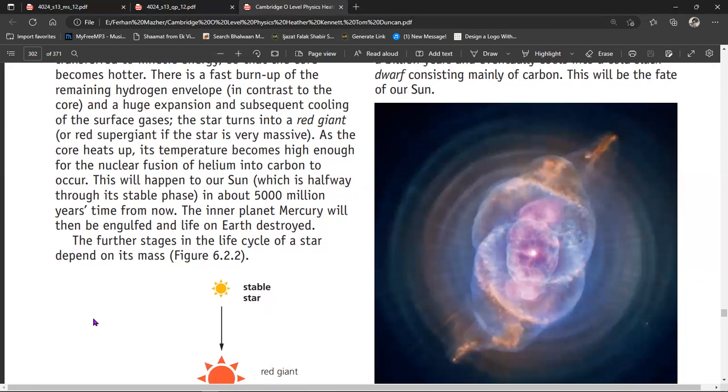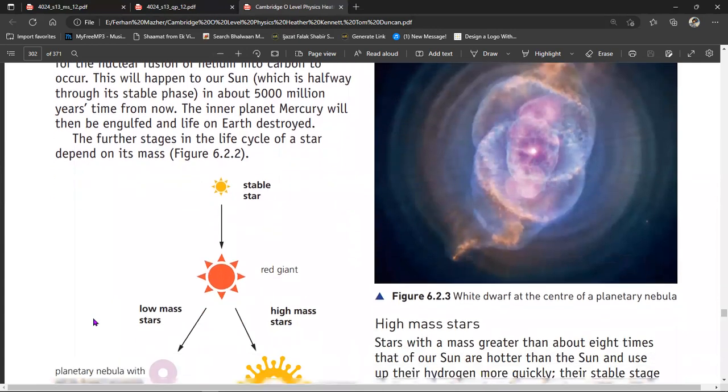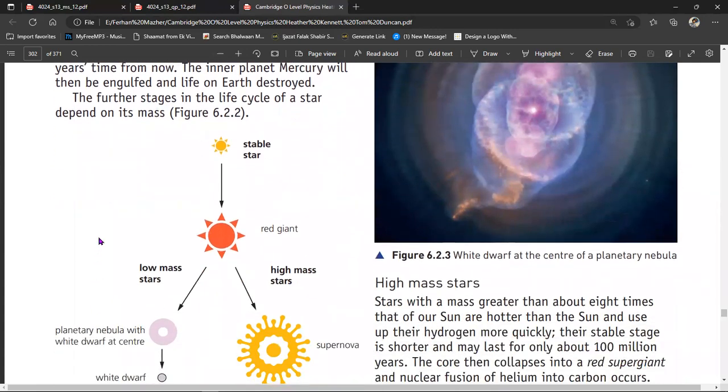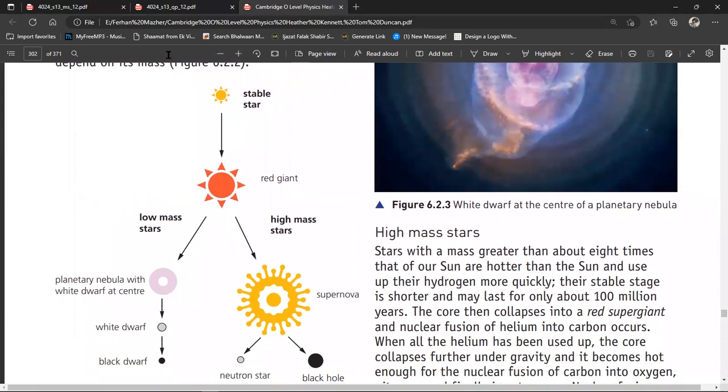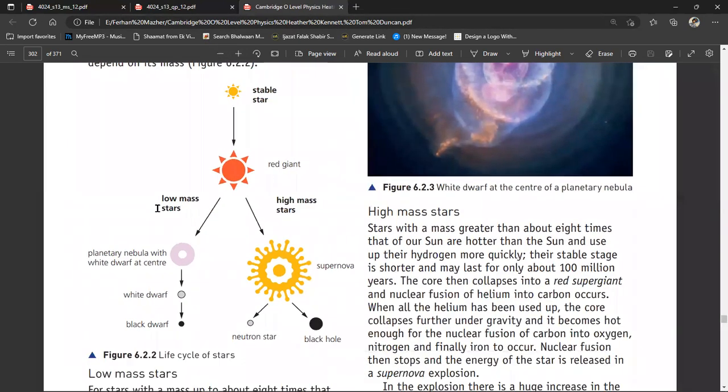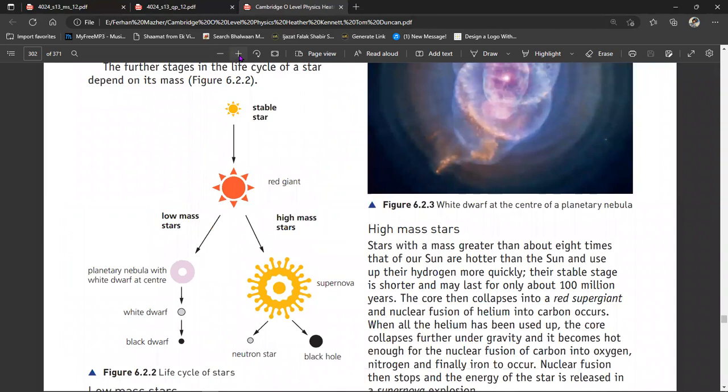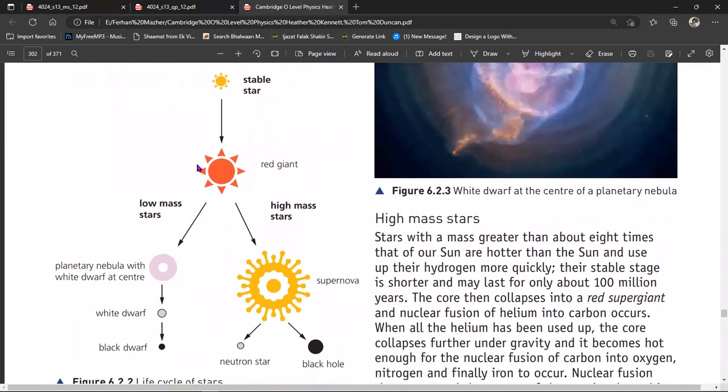The further stages in the life cycle of a star depend on its mass. So here we have a figure. Let's talk about this figure. A stable star becomes a red giant. Then it depends whether it's a low mass star or a high mass star. If it's a low mass star, it will convert into a planetary nebula with the white dwarf at the center.